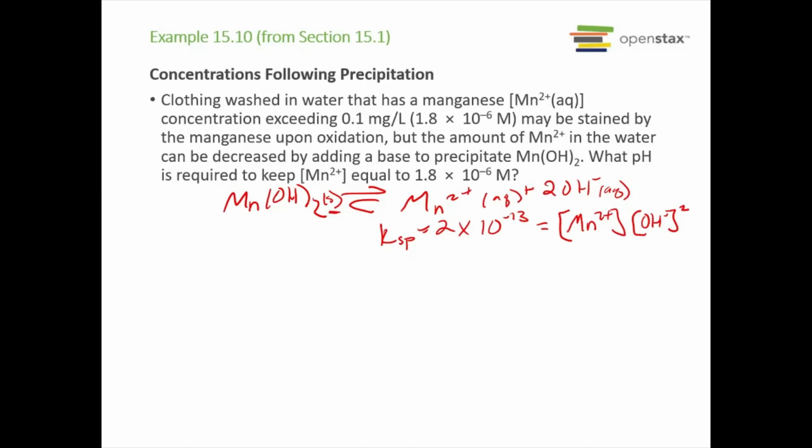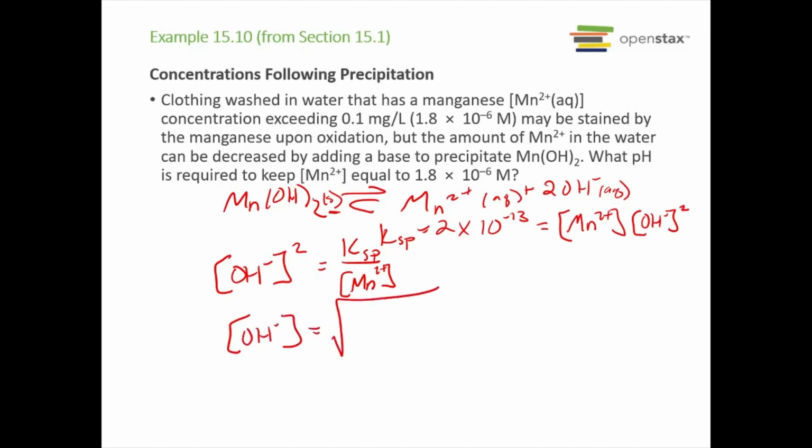So now we can go ahead and solve for OH. We know that OH minus squared is equal to KSP divided by our concentration of Mn2+. And so our concentration of OH is equal to the square root of KSP, which is 2 times 10 to the negative 13, divided by our concentration of manganese, which we're told is 1.8 times 10 to the negative 6th.